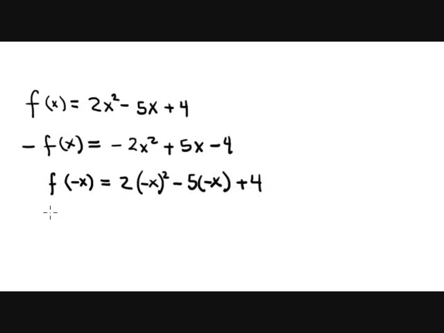So f evaluated at negative x is equal to, in this case negative x to the second power is positive, 2x squared, and another negative is positive again, 5x plus 4, and this is the answer.